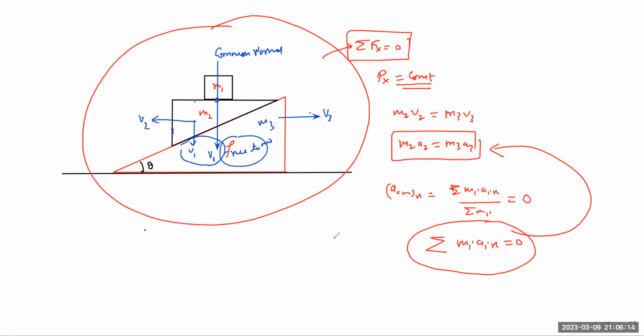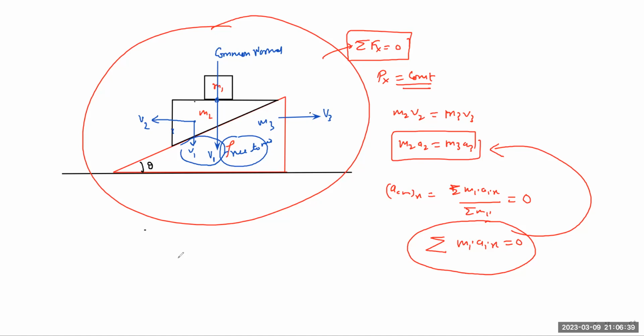You have to keep your brain always open. Anything can happen at any time. And therefore, now we have a relation: M2 A2 is M3 A3. And the rest is laws of motion. After this, you have to only write the laws of motion. Nothing else.